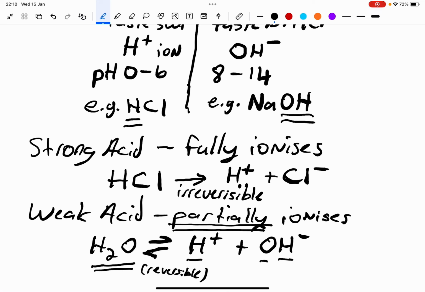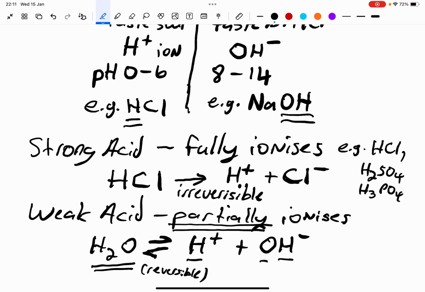So some examples of strong acid, as we said, are things like HCl, hydrochloric acid. Sulfuric acid is another strong acid. Even phosphoric acid, H3PO4, is a strong acid.